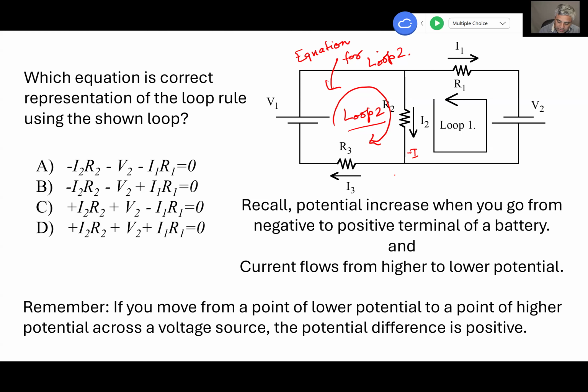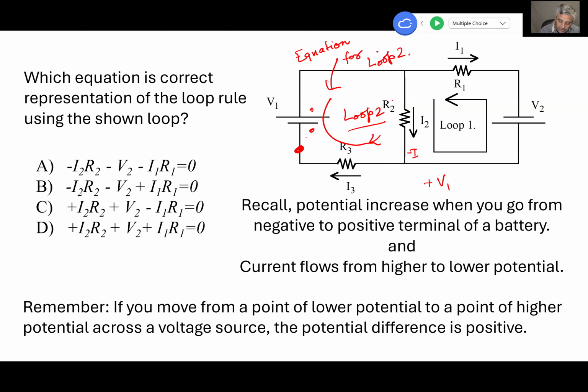So where should we start from? We can choose any point. That's fine. It does not matter where you start from. For example, if I start from here, and this loop is going like that, it means I'm going from lower to higher, so the potential has to be positive. Whether you write that as a first term, second term, or third term just does not matter. But it has to be positive for this loop.